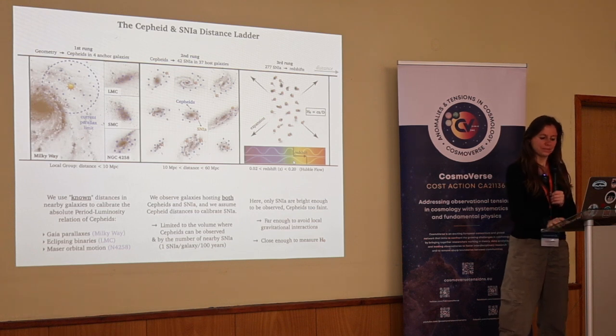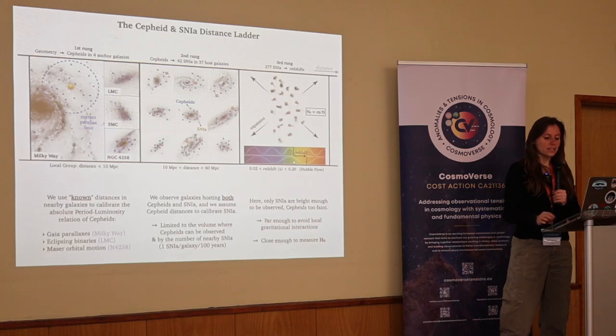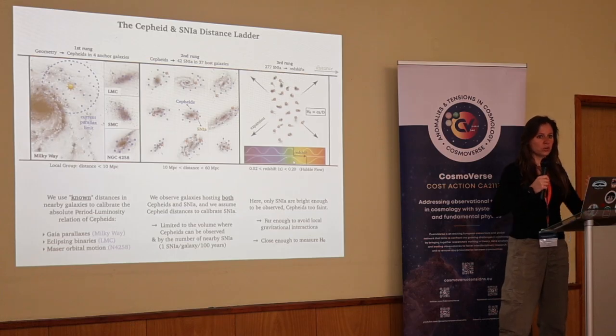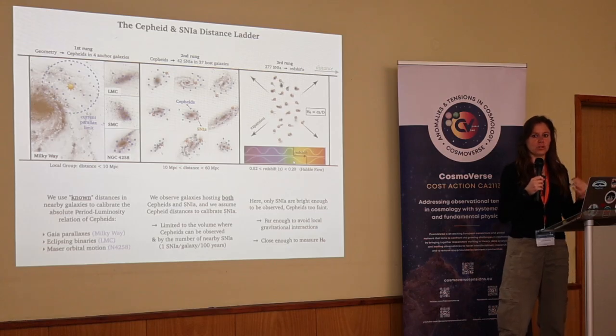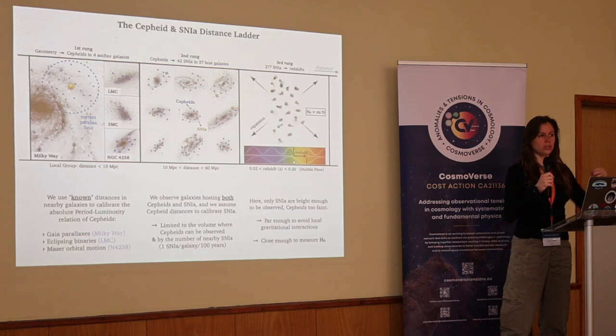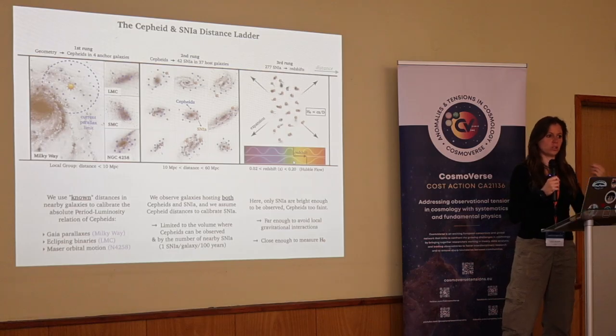you get a cosmological parameter. As I said, you want to go far enough to avoid local gravitational interactions, because when you look too close, like nearby galaxies, they're interacting a lot, they have very high proper motion, and you don't really see them expanding, but you have to go further away to see the actual expansion.